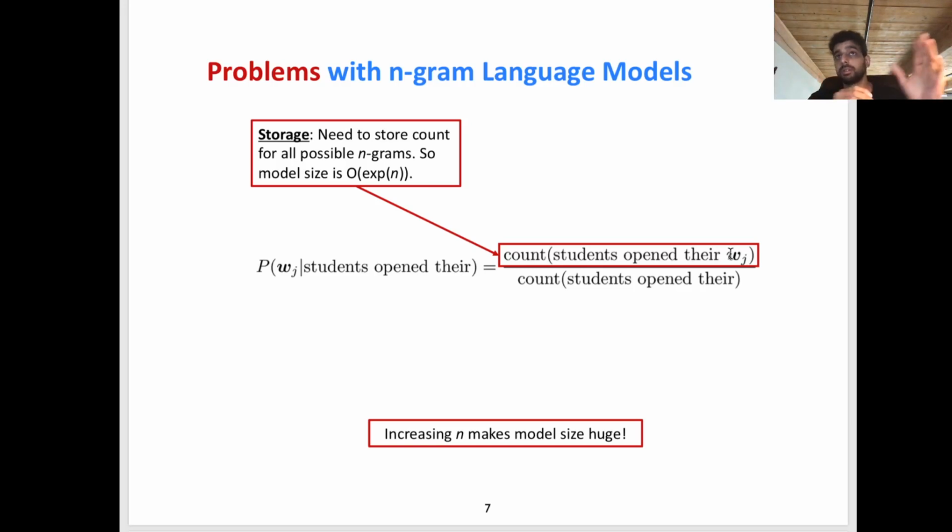Now the rows of this table, all the prefixes, I now have V to the N order rows. So I have a huge number of rows, and every time I add one more word to my prefix, going from a bigram model to a trigram model to a 4-gram model to a 5-gram model, the size of this table grows exponentially. So this really prevents me from estimating huge order n-gram models, even with large data sets.